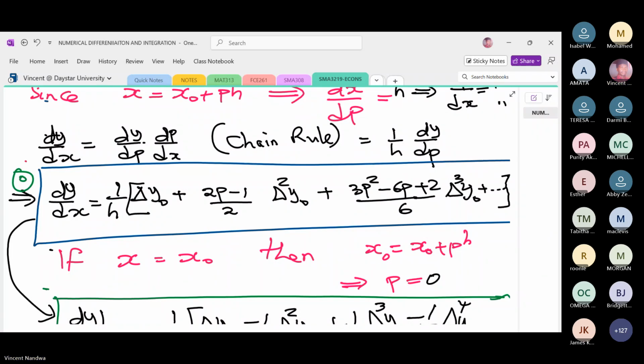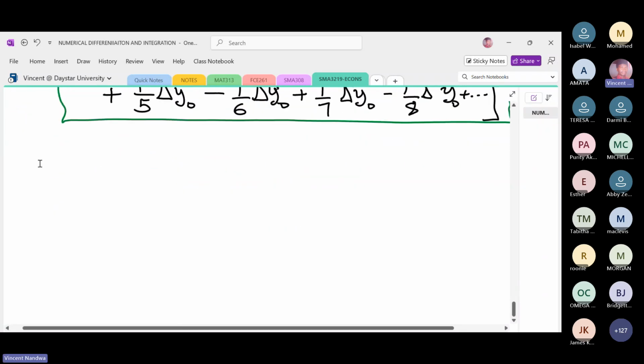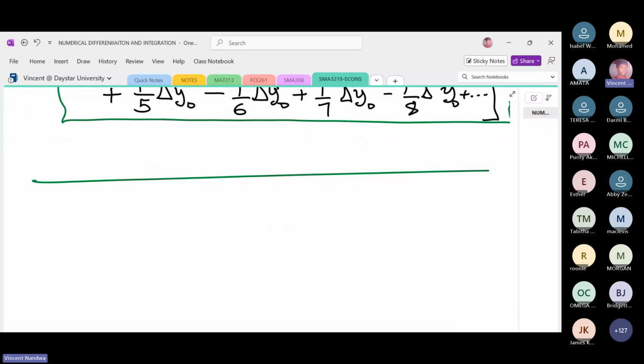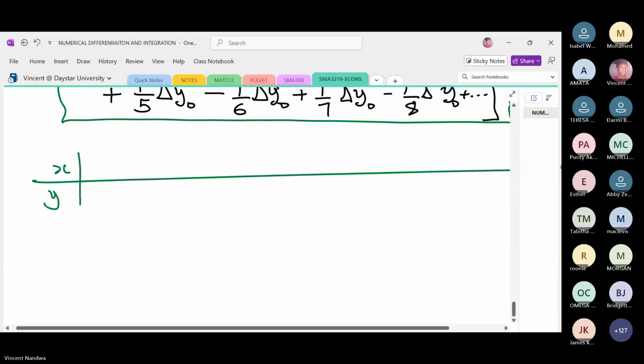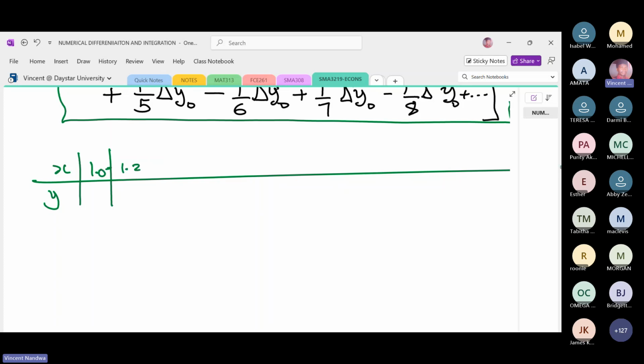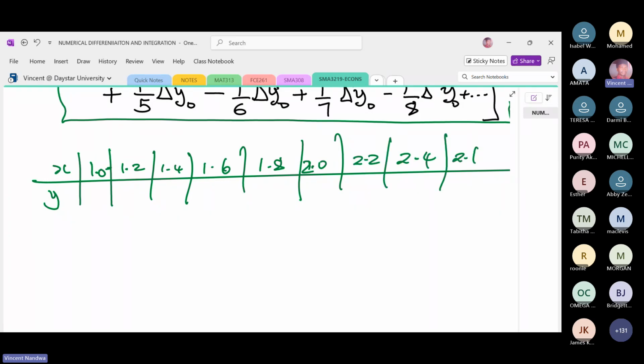the table. For instance, if I have an arbitrary table, say this is x, these are y values, say 1.0, 1.2, 1.4, 1.6, 1.8, 2.0, say 2.2, say 2.4, and say 2.6.